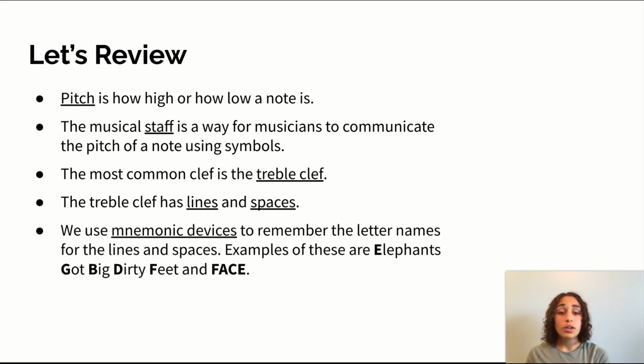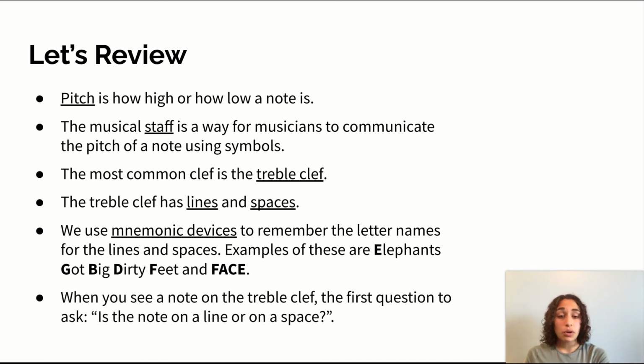We use mnemonic devices to remember the letter names for the lines and the spaces. For example, we talked about elephants got big dirty feet because the letters on the lines are E, G, B, D, and F. And our mnemonic device for the spaces is F-A-C-E, which spells face.